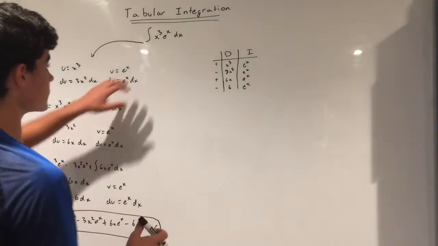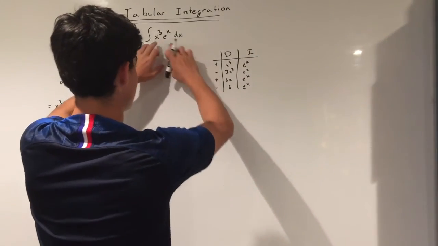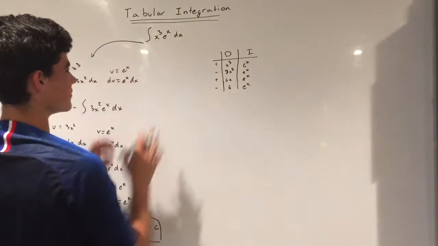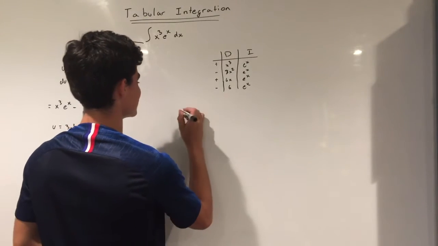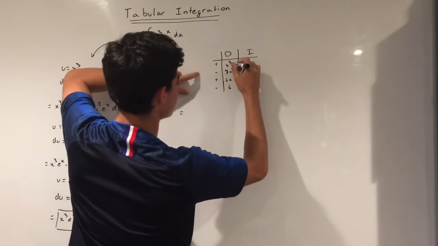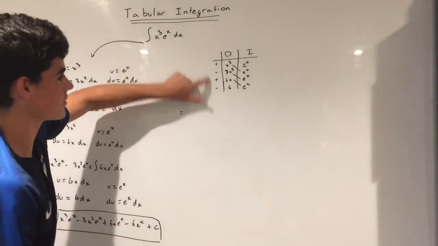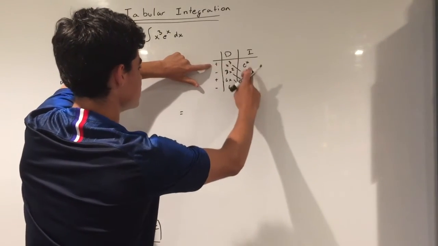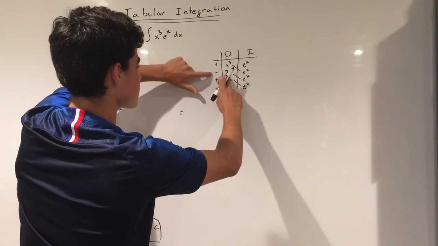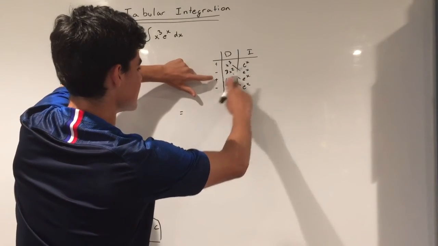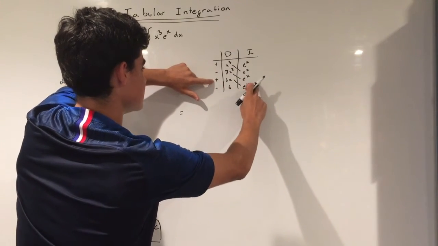Okay, so what tabular integration tells us is that the solution of this integral, which I think you guys will like, is just equal to taking this like that. And that's why I put the sign out here, because it could be plus x cubed times e to the x, minus 3x squared times e to the x, plus 6x e to the x.